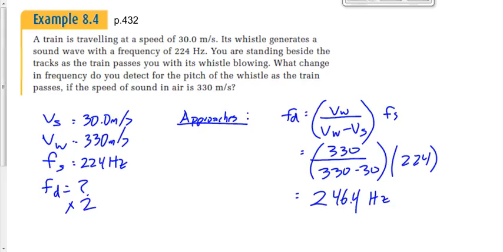So the actual frequency is 224, but it appears to be, as it's coming towards us, 246.4 hertz.